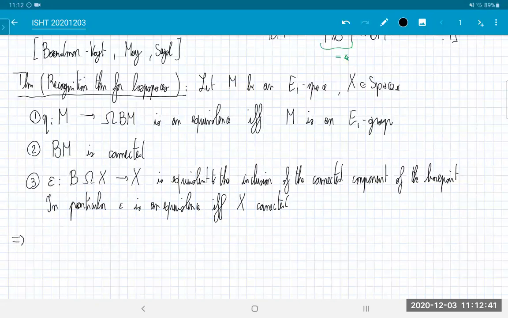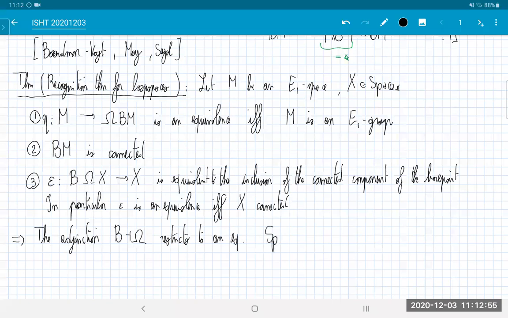And therefore, the adjunction B adjoint to omega restricts to an equivalence between pointed connected spaces and E1 groups in spaces.